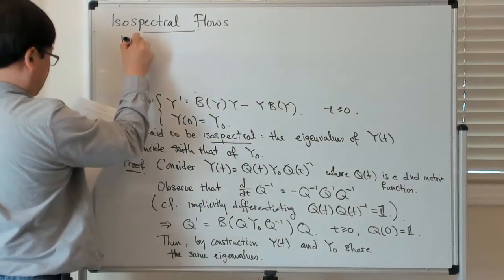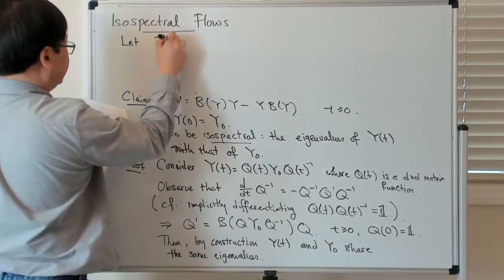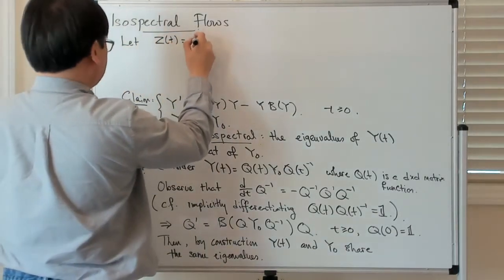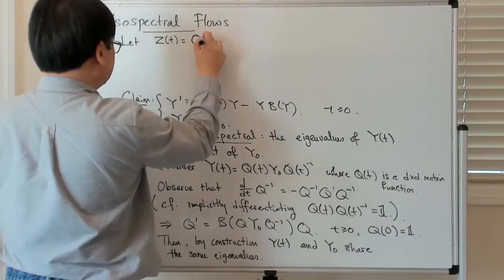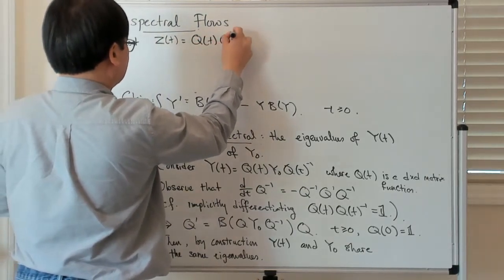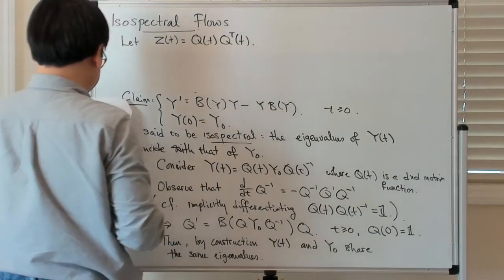So let's consider Z of t, which is Q of t times Q transpose of t.